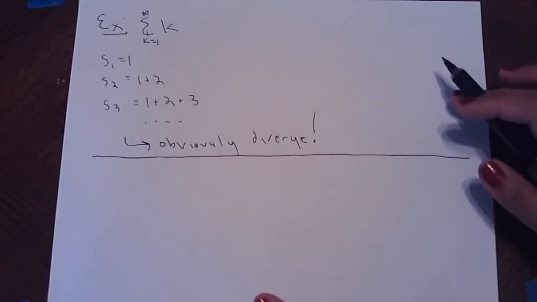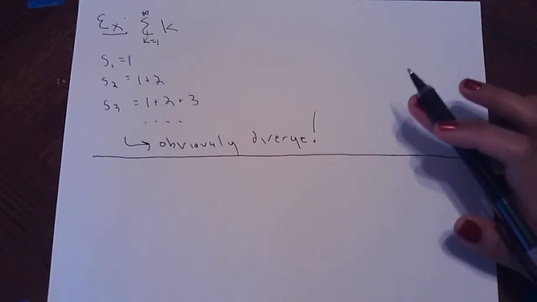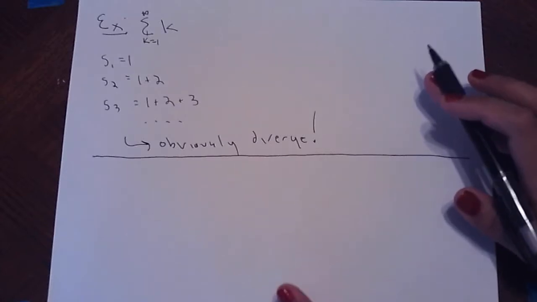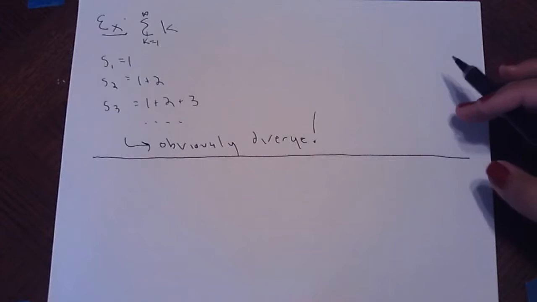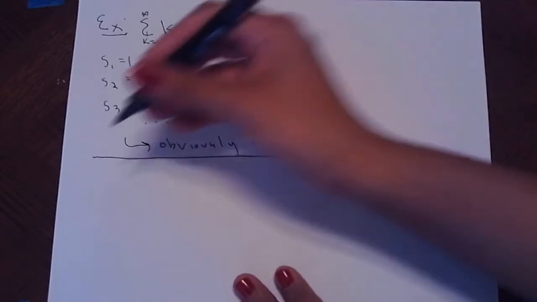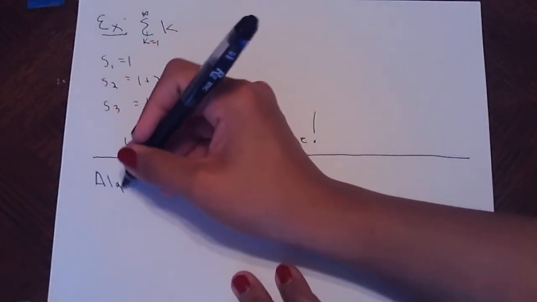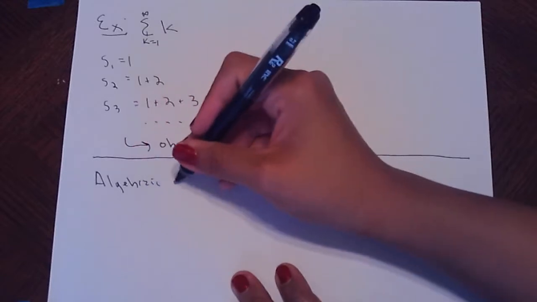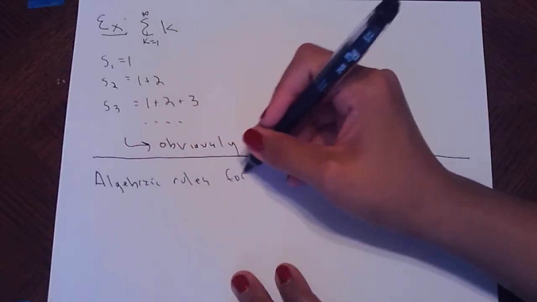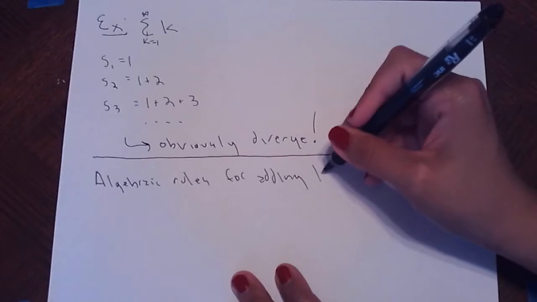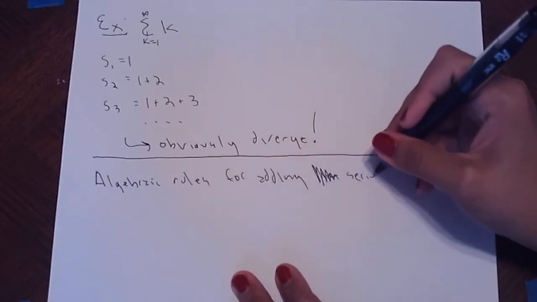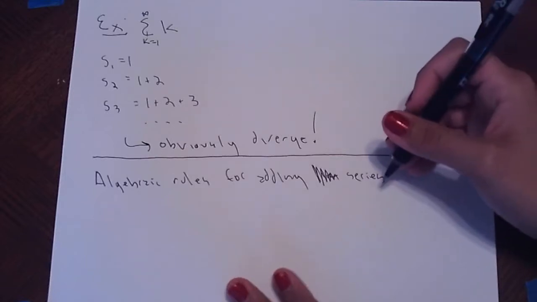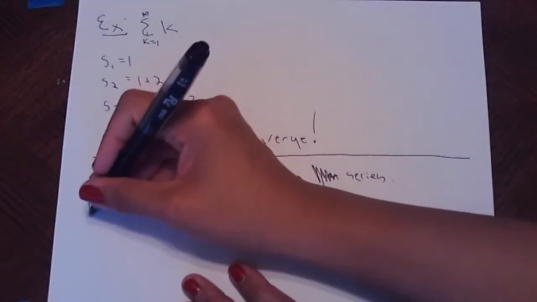So we're going to look for a couple of shortcut tricks that will make it a little bit easier for us to save or repeat some of the work that we've done before without having to do everything from scratch all the time. Okay, so there are a couple of algebraic rules for adding my series here.